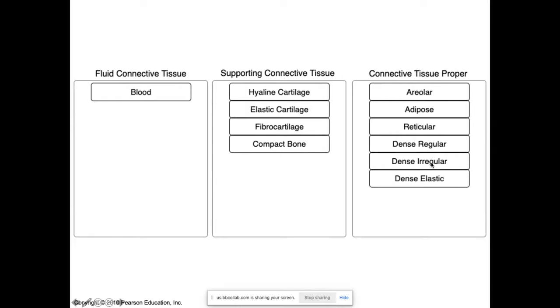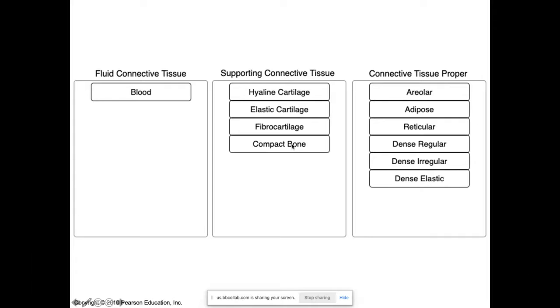Dense regular was when the collagen fibers were closely packed together. Dense irregular was when they're moving in different directions. So dense irregular would be like your dermis of the skin. And then dense regular would be like your tendons. Then you have dense elastic for that flexibility.